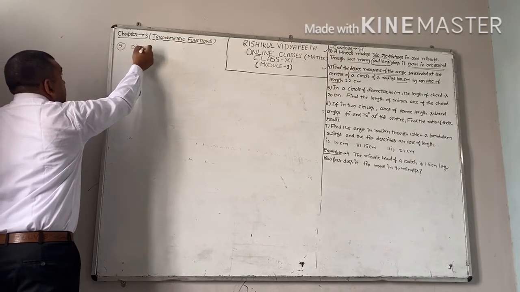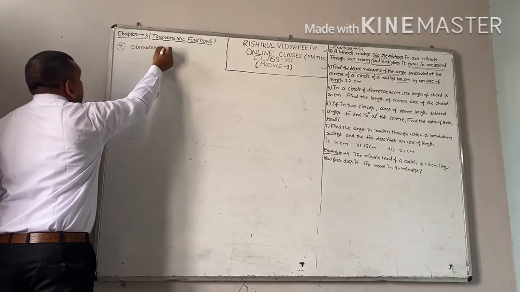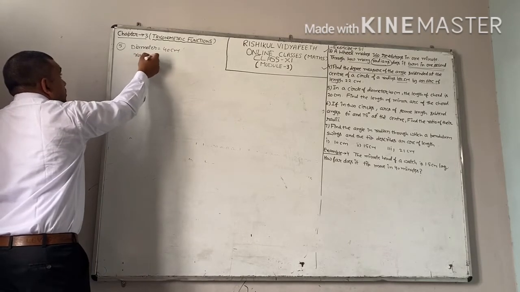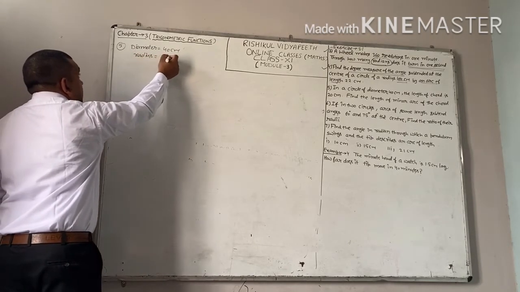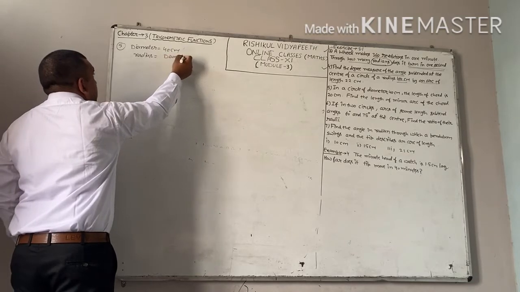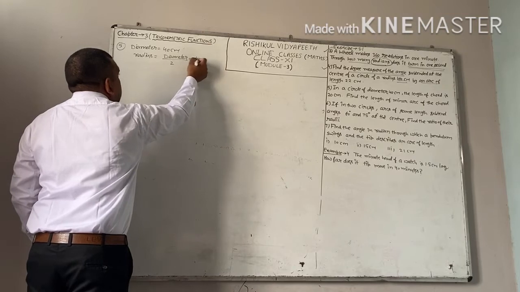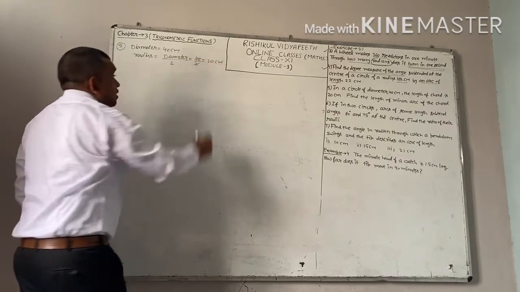Diameter of circle equals 40 centimeter. Therefore, you can easily write the radius. Radius, we know, is equal to diameter upon 2. Means 40 upon 2. This is your 20 centimeter.